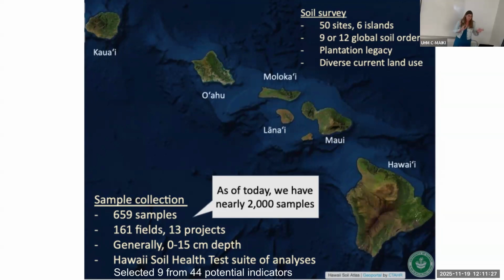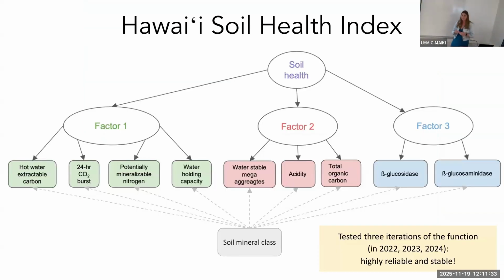We call this our minimum data set. So we have 9 soil health properties, and this is what it looks like. This is the scoring function that we have, where you can come up with an overall soil health score, and we base this on 3 different factors.